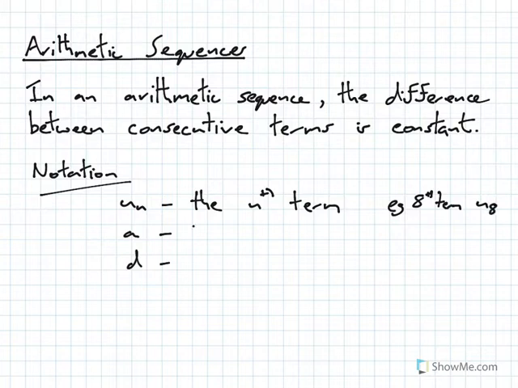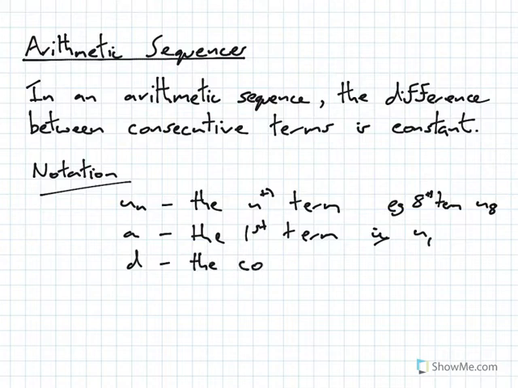A is the first term of the sequence, i.e. it's U1. And D is the common difference, so the common difference between terms. So if I had the sequence 6, 11, 16, 21, 26, the common difference there would be 5.